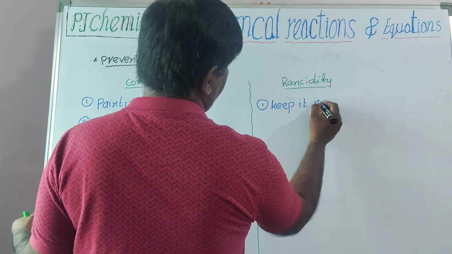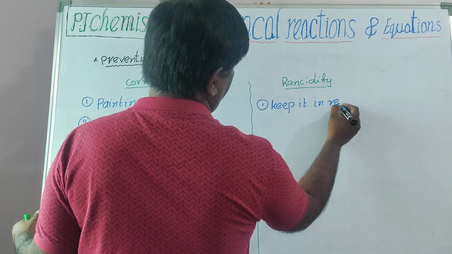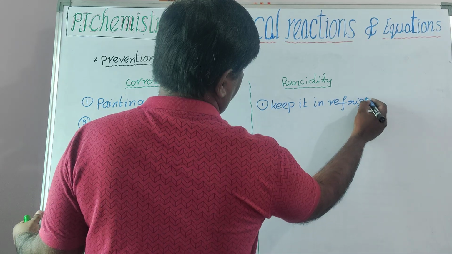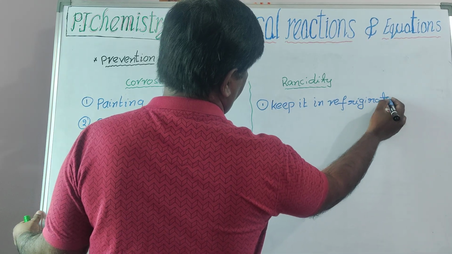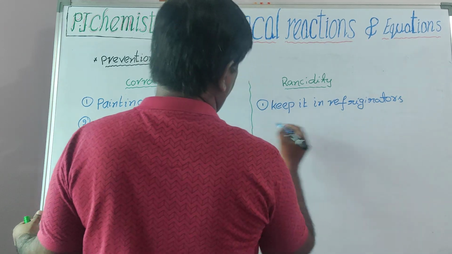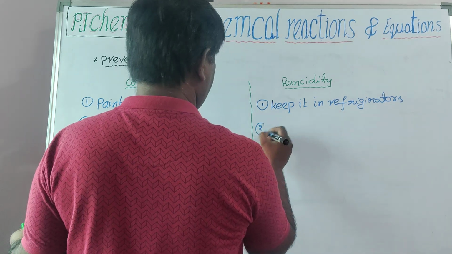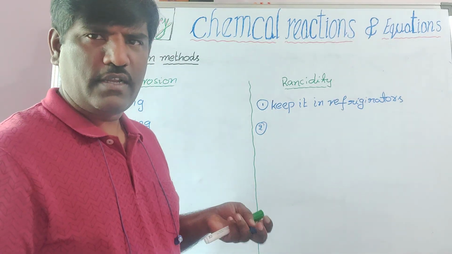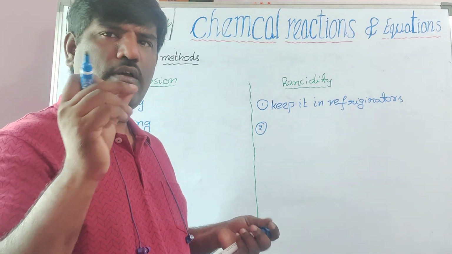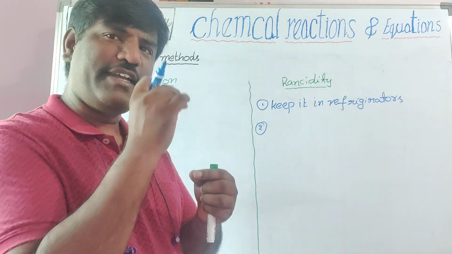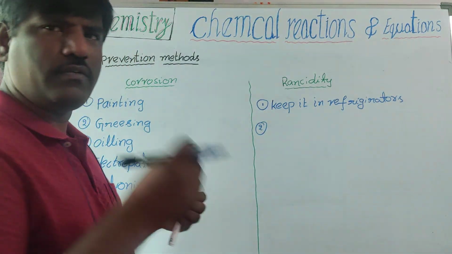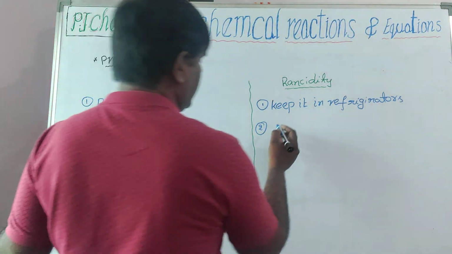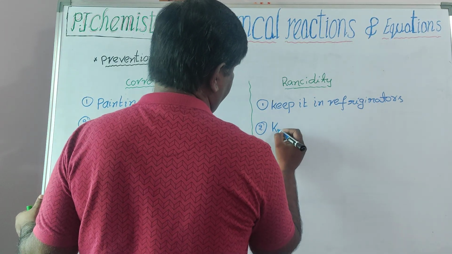Keep it in refrigerators. Next, if there is no refrigerator, put it in an airtight container. The main motto here is that air should not approach the food. Keep it in an airtight container.